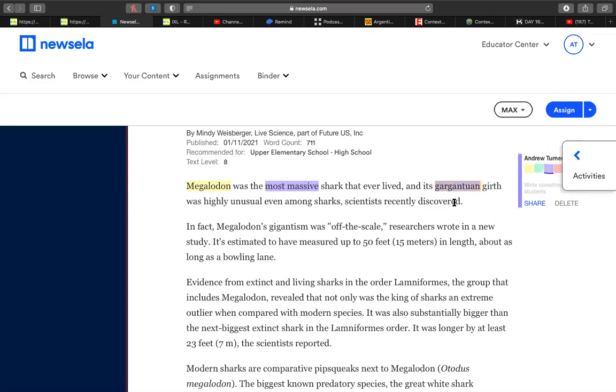Gargantuan girth was highly unusual, even among sharks, scientists recently discovered. Okay, so basically we're talking about the Megalodon and that it's huge. Okay, you can write anything you want in there and it saves it for you, okay?